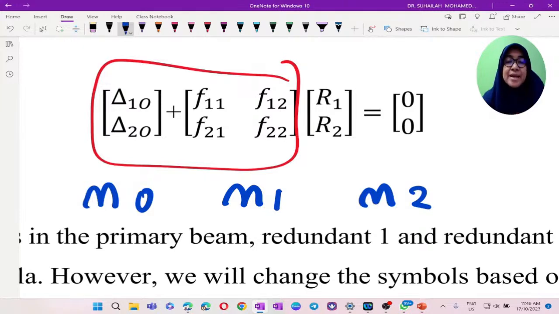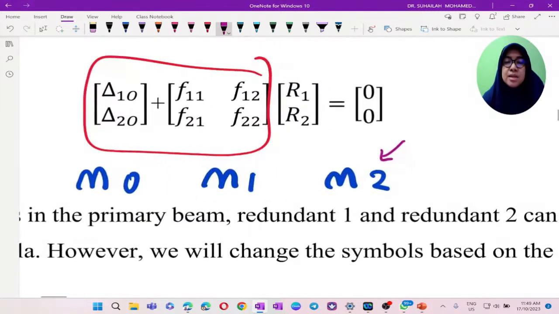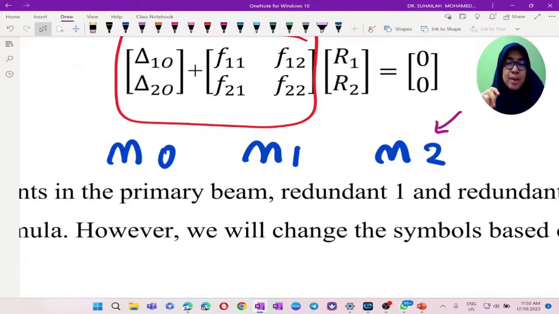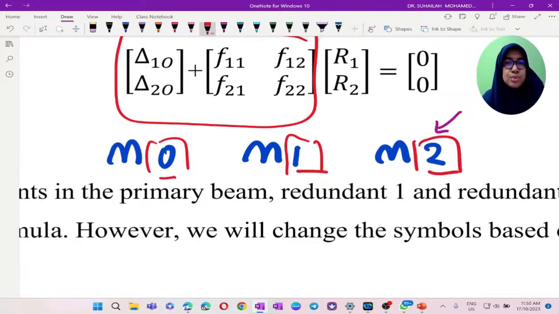For bending effect, we integrate. When we consider bending effect, meaning EI, we have to integrate the moment equation. M naught, M1, M2 represent primary system, redundant 1, redundant 2.